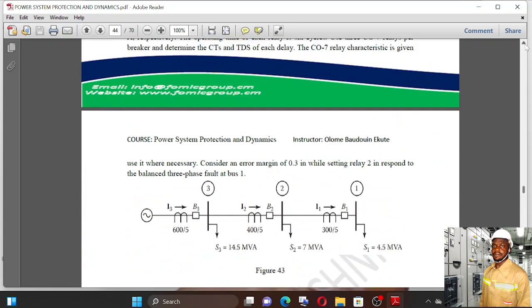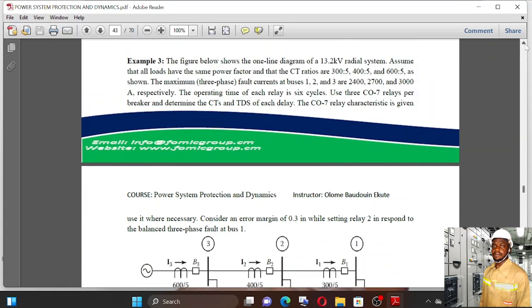Okay, then let's look at this other example to understand it. But now this other example is quite a little bit different because here the coordination aspect has been considered. If the second circuit breaker is the one to react for a fault, probably at the other end of maybe bus 1, and circuit breaker 1 did not react, circuit breaker 2 has to react.